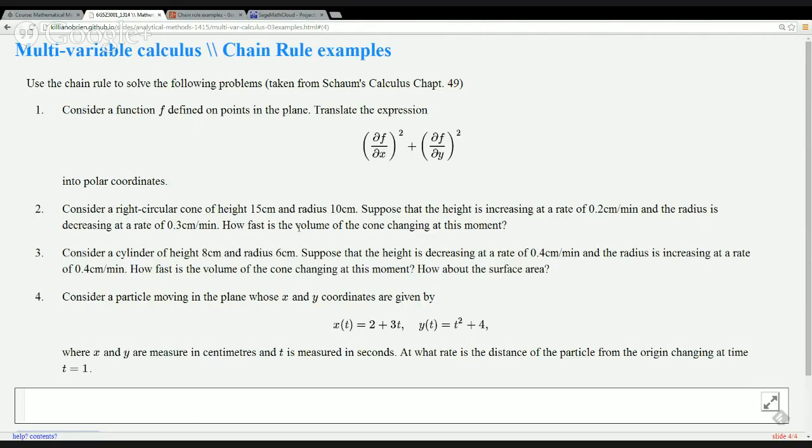Now that's v expressed as a function of two variables, r and h. But since r and h are just functions of a single variable t, really there's a function v of t floating around somewhere. And we want the derivative dv dt.